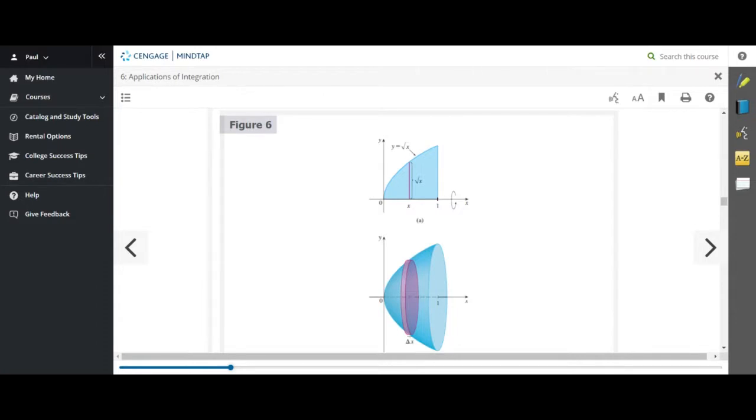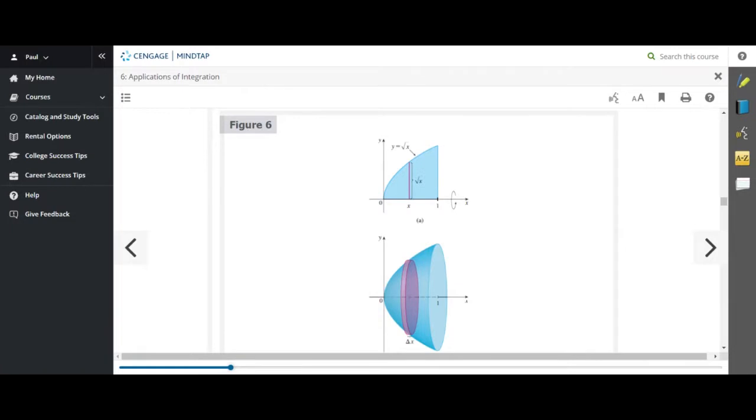And we want to find the volume of that solid. Now, that's not a solid that you have a formula for, right? That's not like a sphere or a cone or anything like that. It's a new solid. But yet, using calculus, we can find the volume of that solid.